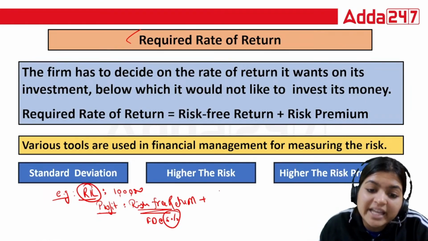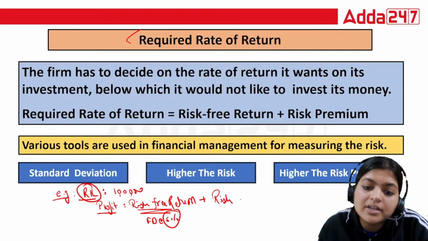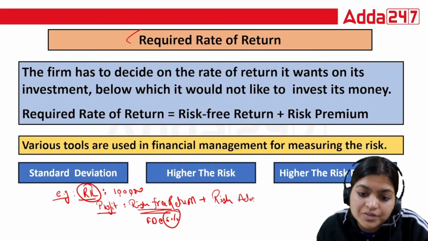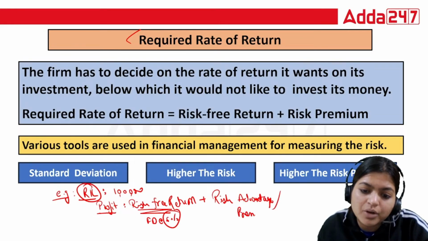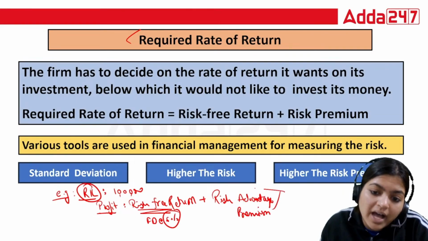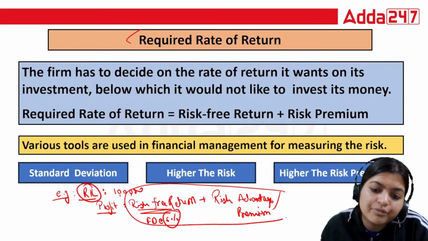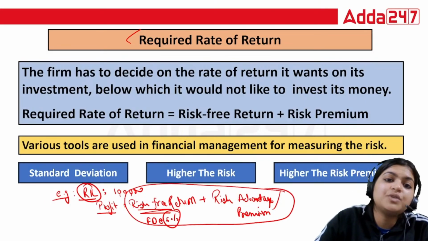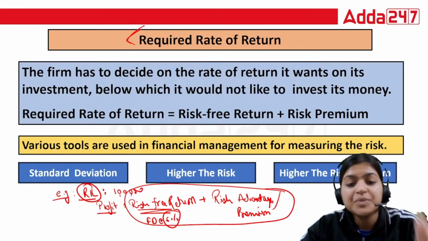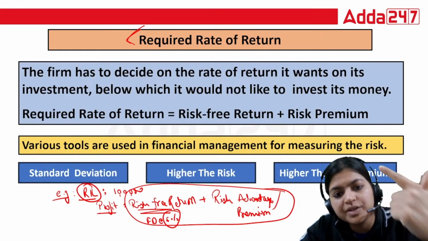Because of taking the risk, I want some advantage. I want some premium because of this risk. So I want these two things from Reliance Industries. That is the required rate of return: the risk free part along with the risk premium.